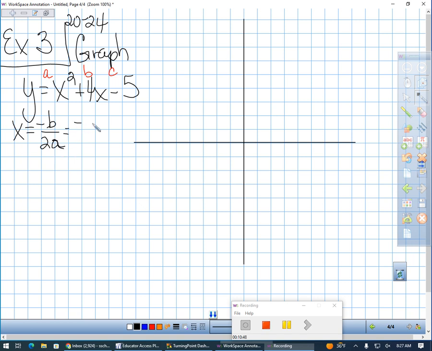So I have negative b, which is 4, over 2 times, what's my a value up there? 1, good. So I get negative 4 over 2, or x equals negative 2. So on your graph, at negative 2, we are going to put a dash line, a vertical dash line, which is your axis of symmetry.